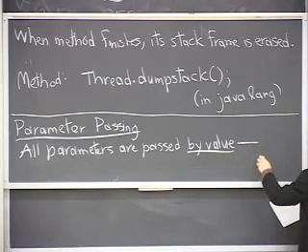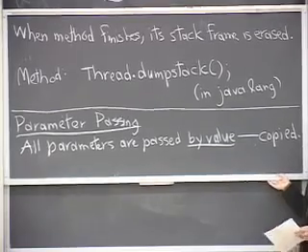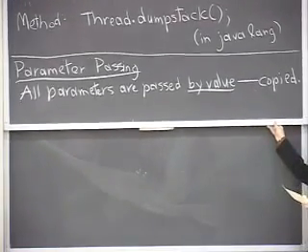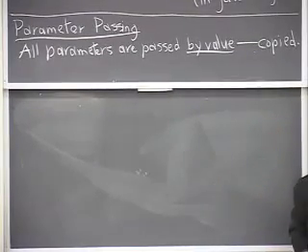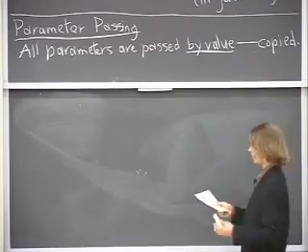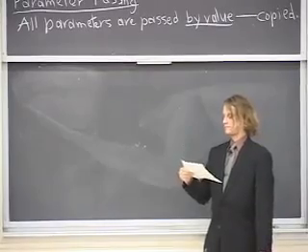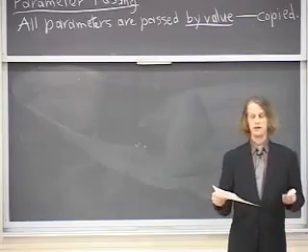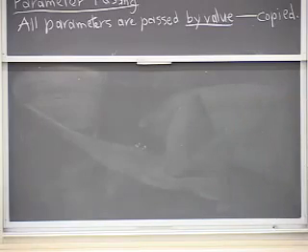Which is a fancy way of saying that the parameters are copied. And the copies are not the same as the originals. And that means that the method that receives the parameters cannot change the originals. But there are some subtleties there, so we're going to go over that. So this is where the code that I handed out to you comes in. So I'm going to put that up here.